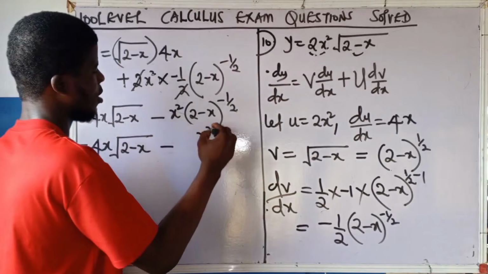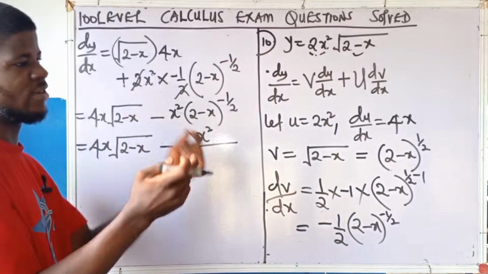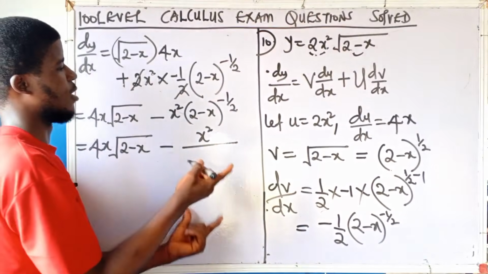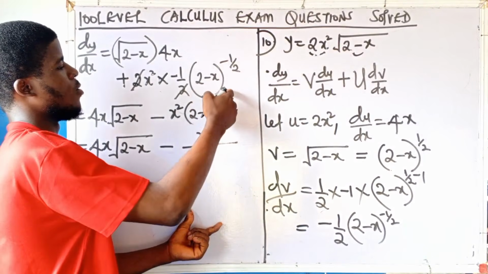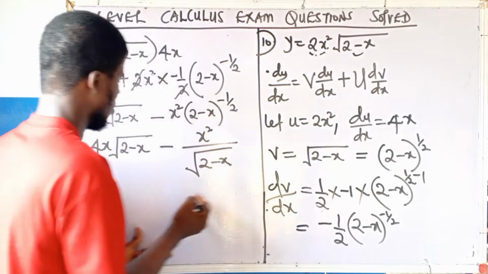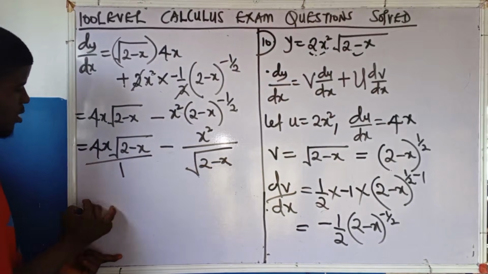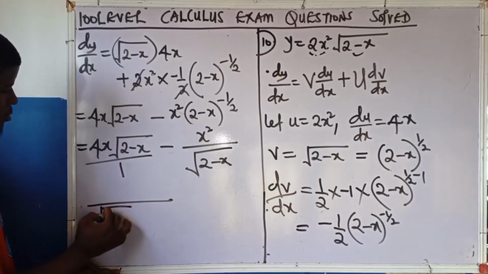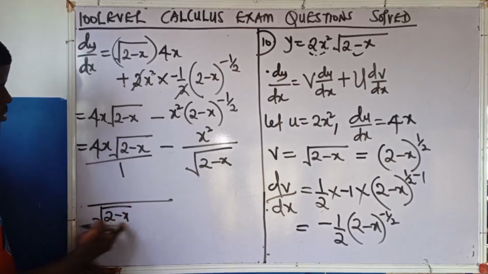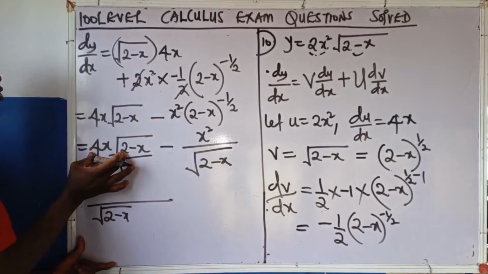is x squared all over, because of this minus, we can introduce a fraction. Then if I introduce a fraction, the minus disappears. 1 over 2 represents square root. So let me do LCM now. LCM is root 2 minus x. Divide this by this, you're going to get the same root 2 minus x times everything on top here.